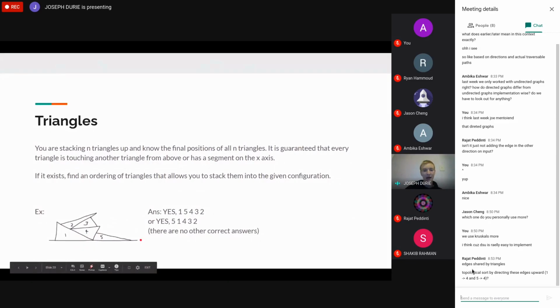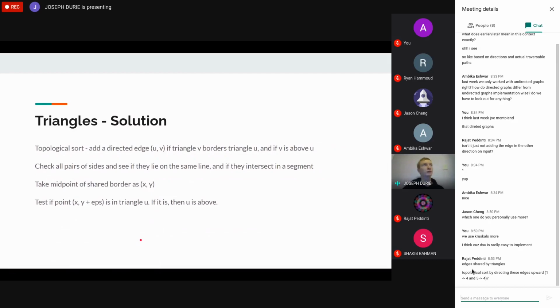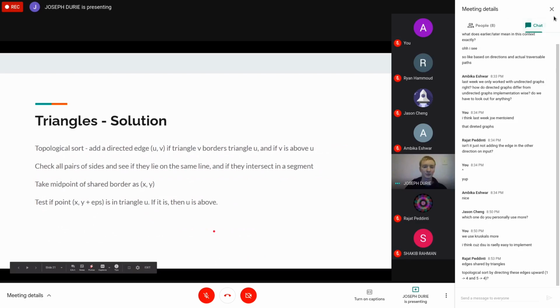Now that just reduces the problem to a topological sort, where you start off with the ones at the bottom, and then you go up from there, like the topological sort we talked about before.